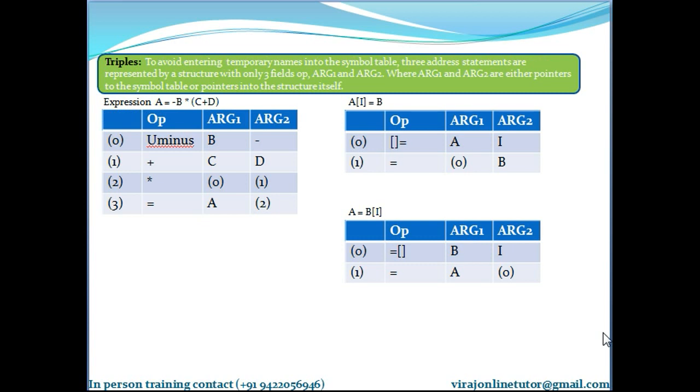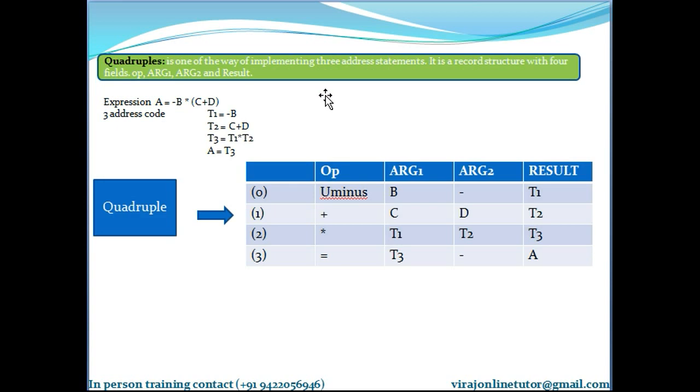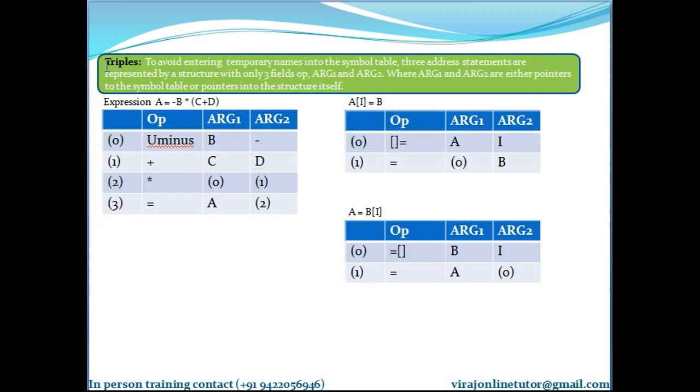Next we will learn how to write triples. Triple means to avoid entering temporary names into the symbol table. The three address statements are represented by a structure with only three fields. Here, if you notice, whatever temporary variables were created, T1, T2, T3, those were put into this table structure's result column. To avoid doing that, we have come up with triples.